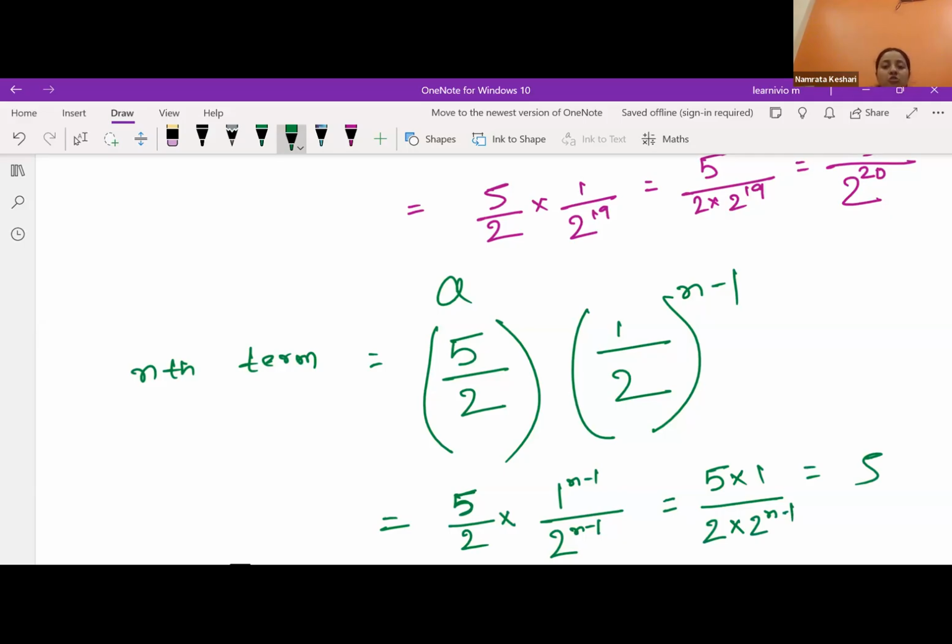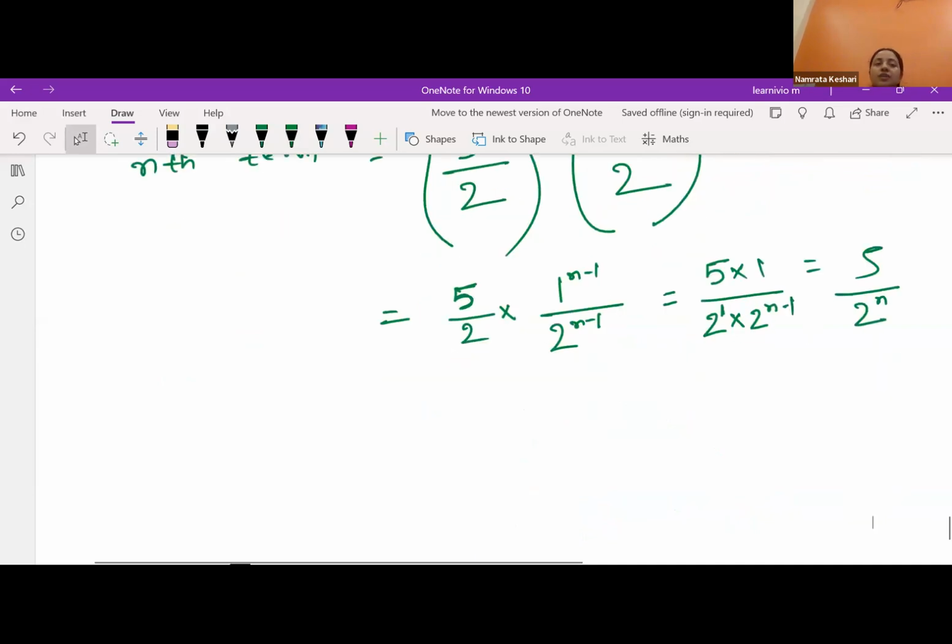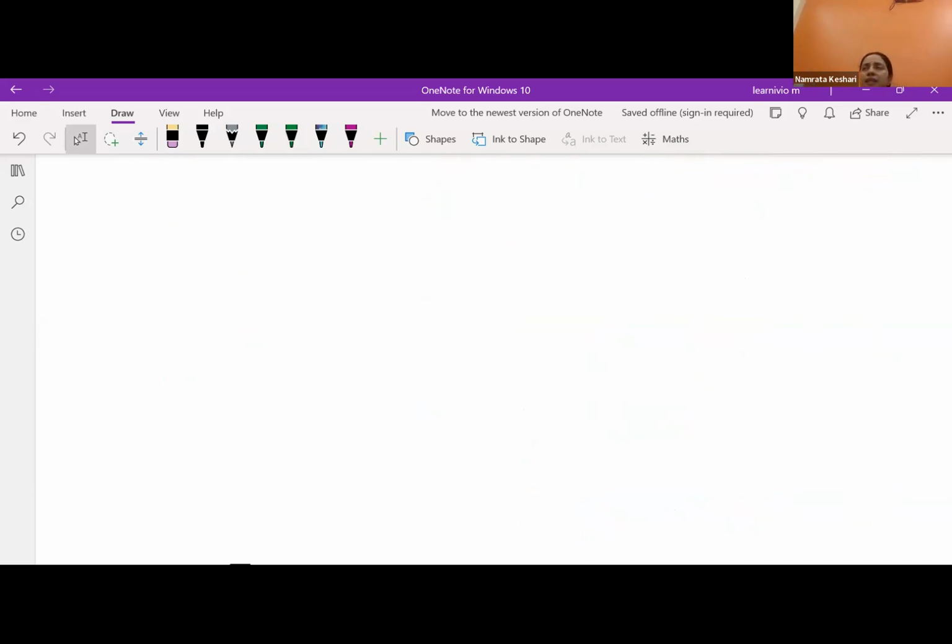When you add these two exponents, you will be getting just 2 to the power n. Yes or no? Is it making sense, Manvi? Okay, so this way the question will be given to you to find the 20th term and also the nth term, or the 5th term and also the nth term of the GP. So for the nth term, just keep your n as it is.